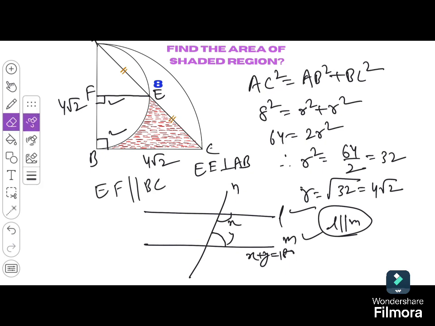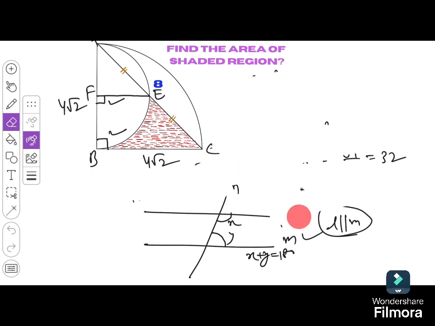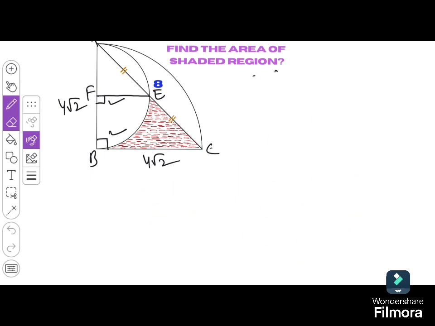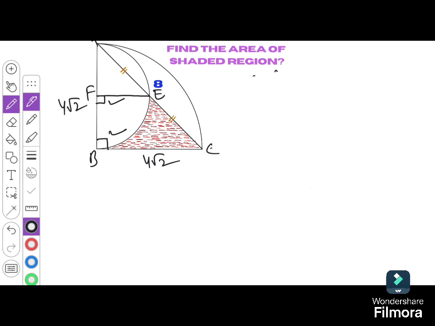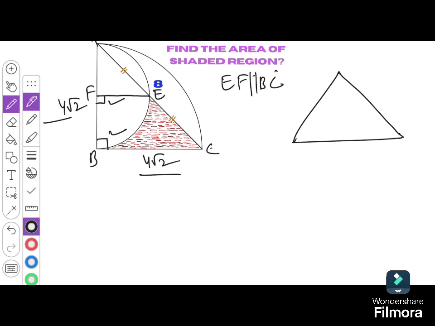Now I am deleting all these things and we will see. Now you see, the length of this one is 4 root 2, this one is 4 root 2, and we have one information, that is EF is parallel to BC. Now we will use the converse of midpoint theorem. You see, there is a triangle ABC, and if P is the midpoint of AB and this line PQ is parallel to BC, there are two pieces of information given.